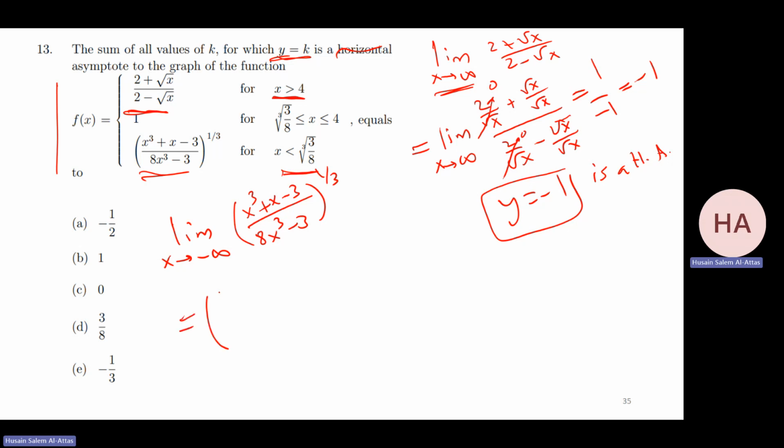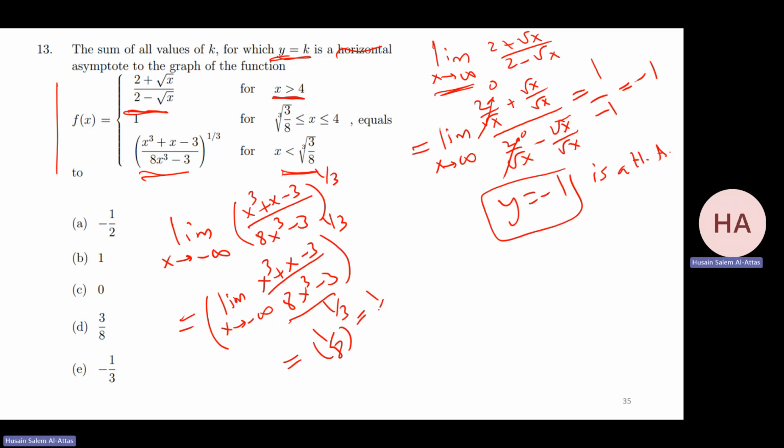So this will be the limit as x goes to minus infinity of this one, all to the power 1 over 3. This is what? Same degree. So the limit, you can find it easily. It will be 1 over 8 to the power 1 over 3, which is half. So y equal half is another horizontal asymptote.